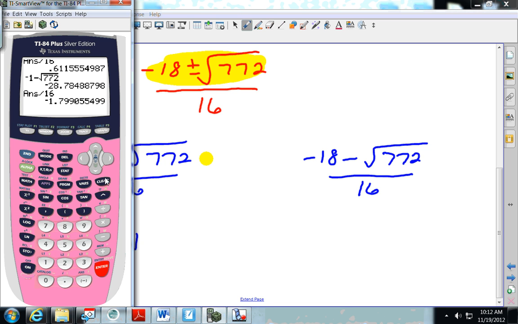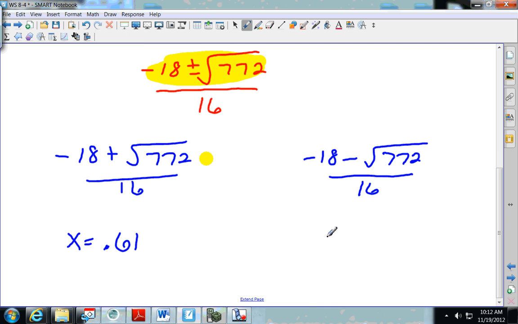Good job. I'm glad you saw that. Here we go. Let's try it again. Negative 18 minus the square root of 772, press enter, divided by 16, enter. So it should be negative 2.86. So x equals negative 2.86. Those would be our two solutions.